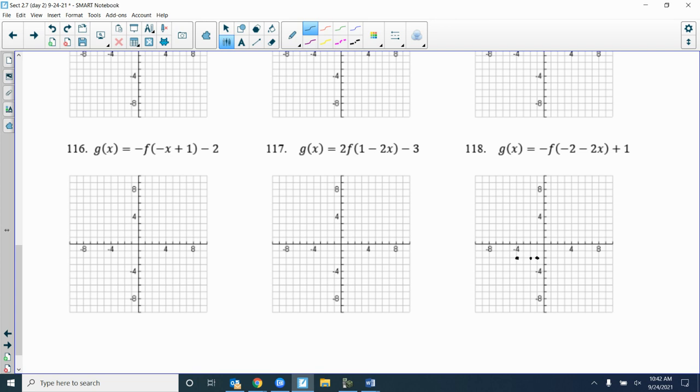Now I reflect over both axes. I'm going to go over the x-axis first and then the y-axis. So it looks like it takes me to 1, 2. And then what's the last thing? Up 1. So what's that final point? It's going to be 1, 3. So after all of this, it ends up at 1, 3.